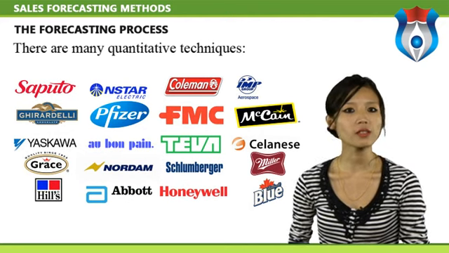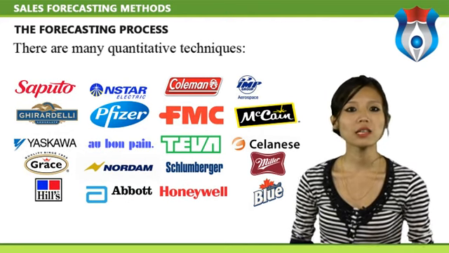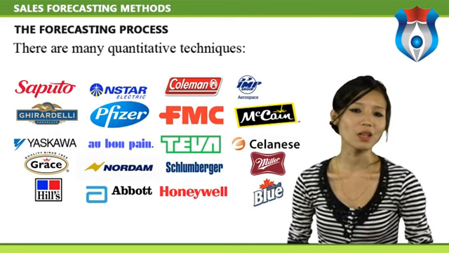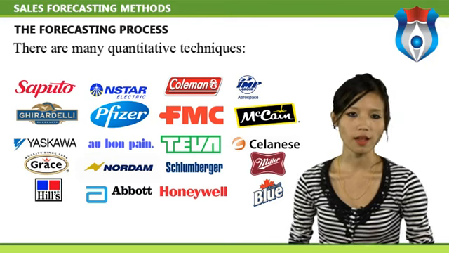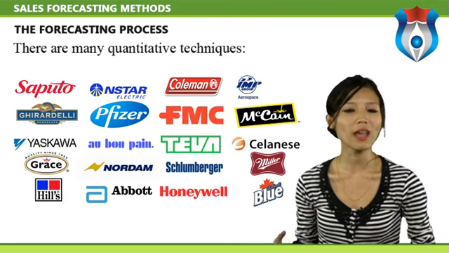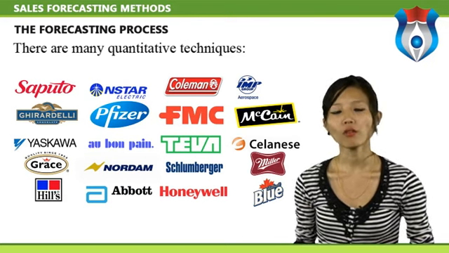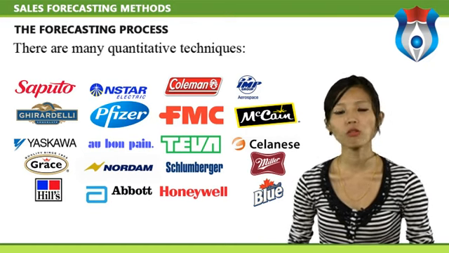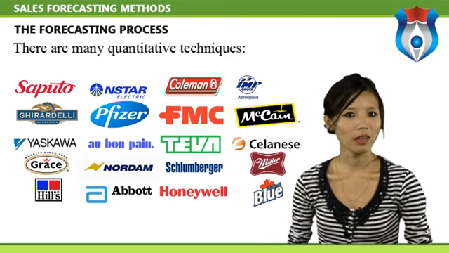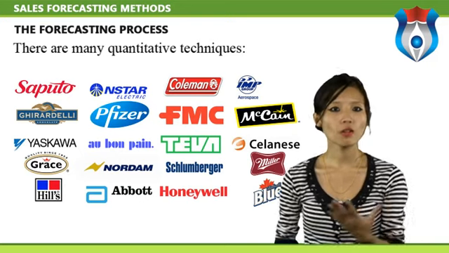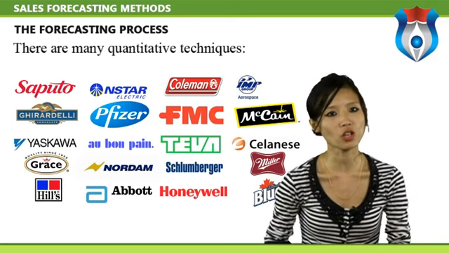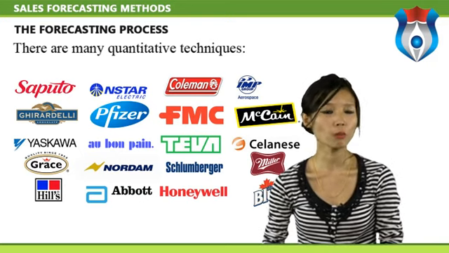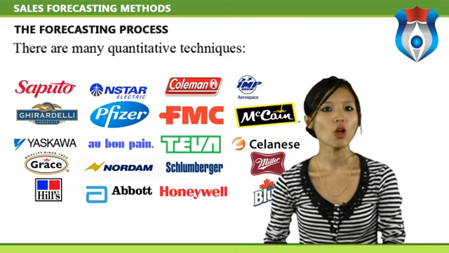Decomposition breaks the sales data into seasonal, cyclical, trend and noise components and projects each into the forecast. Straight line projection is a visual extrapolation of the past data which is projected into the future as a forecast. Life cycle analysis bases the forecast upon whether the product is judged to be in the introduction, growth, maturity or decline stage of the life cycle.